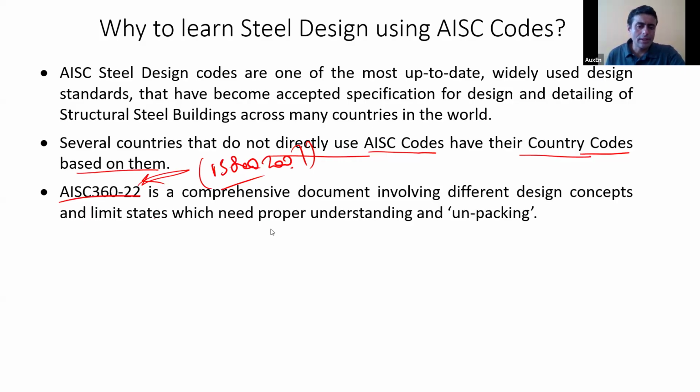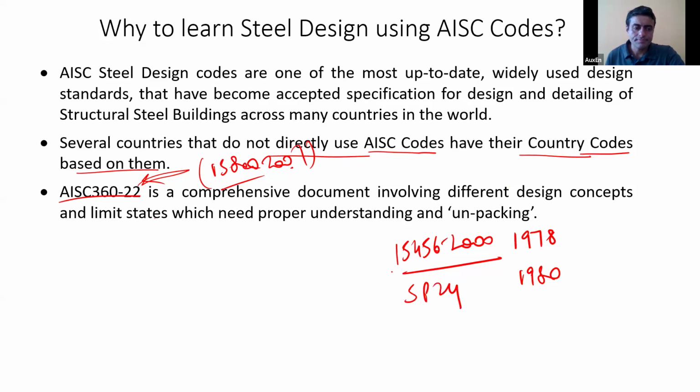I think only IS 456 had a commentary, and that too the IS 456 of 1978. That had a commentary published in 1980, which was named SP24, isn't it? So SP24 is the explanatory handbook to IS 456.